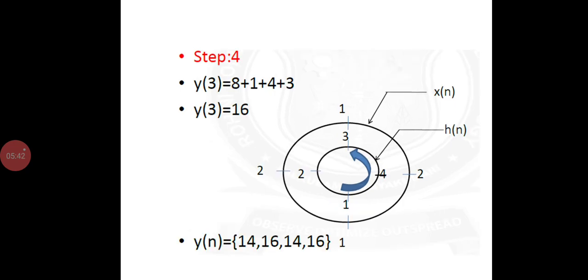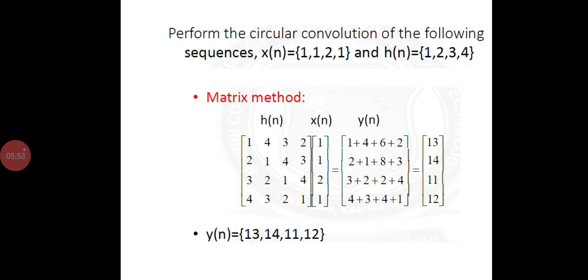In this method the inner circle is rotated once in the anti-clockwise direction each time, and we find the value. This is circular convolution using the concentric circle method.